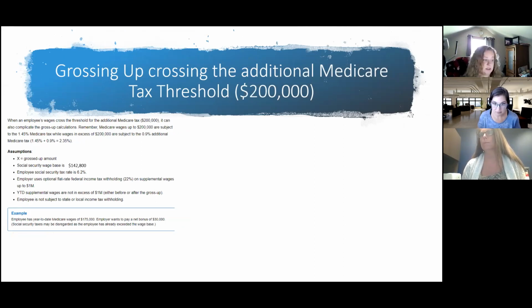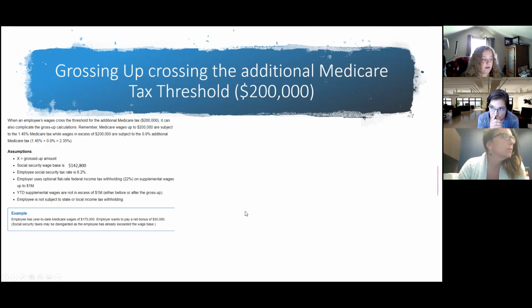For example, Medicare wages of $175,000, employer wants to pay a net bonus of $30,000. So that's going to put them over $200,000, which is going to make them have to pay the additional on everything over $200,000. This employee is over the Social Security limit, so we don't have to worry about that, which is kind of nice.